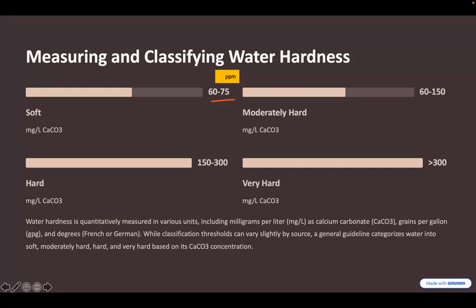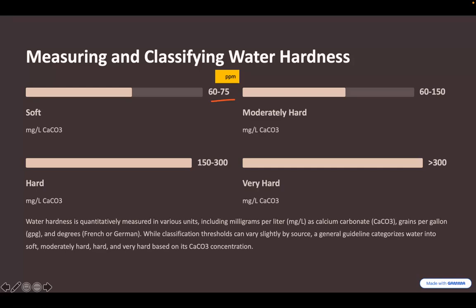Generally, if the hardness is much higher, then it is difficult to wash our clothes using this hard water, because hardness is generally termed as the soap consuming capacity of water. What happens is, when the soap, that is the sodium or potassium salt of a fatty acid, reacts with salts like calcium or magnesium, it forms the magnesium or calcium salt of the fatty acid.